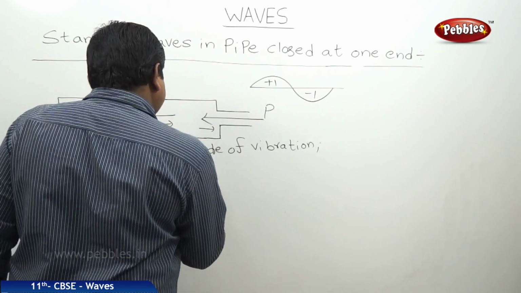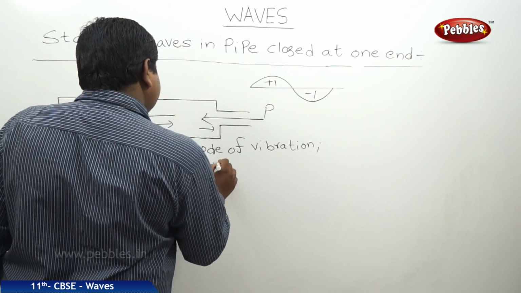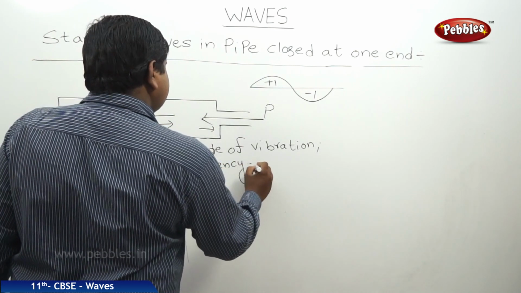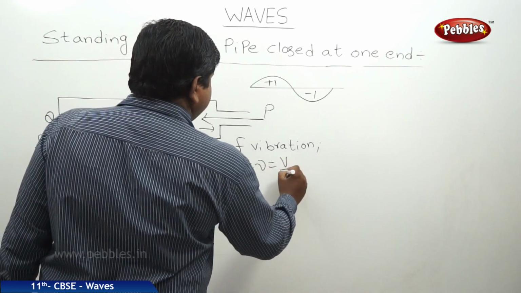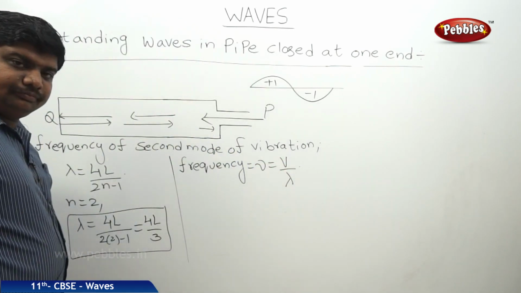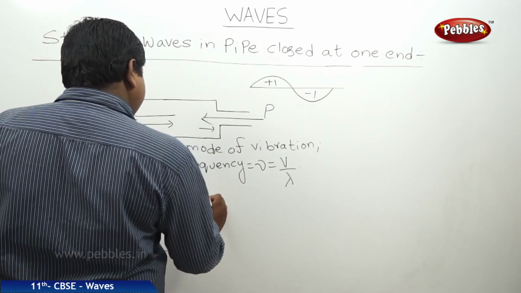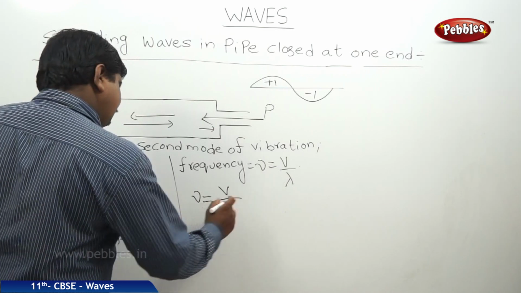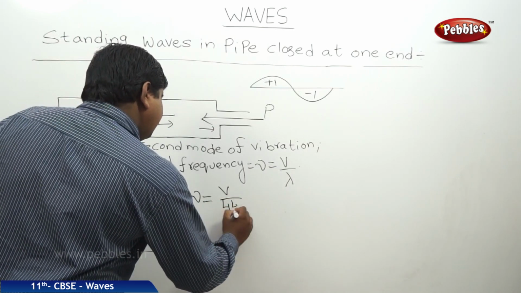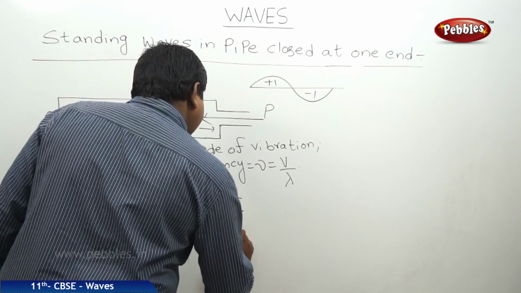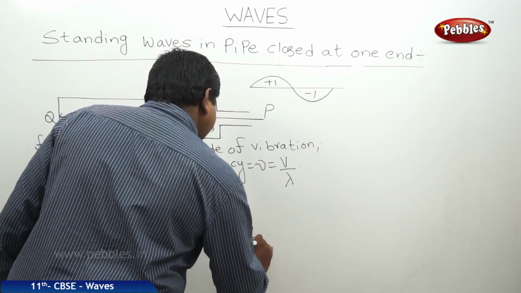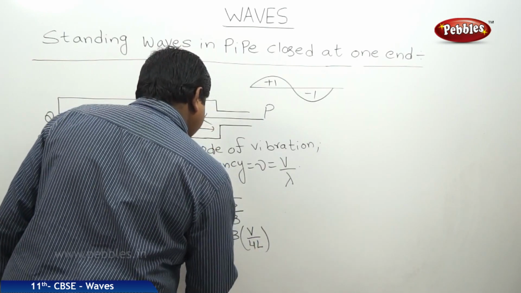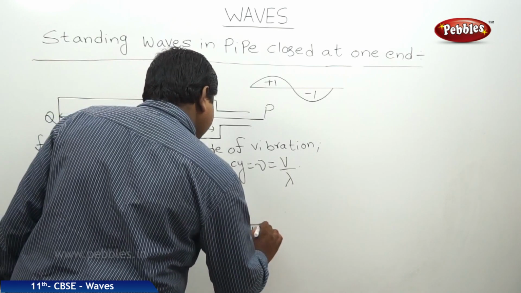Then what about the frequency? Nu is equal to V by lambda. Therefore, nu is equal to V, and lambda is 4L by 3. Therefore, it is 3 into V by 4L.